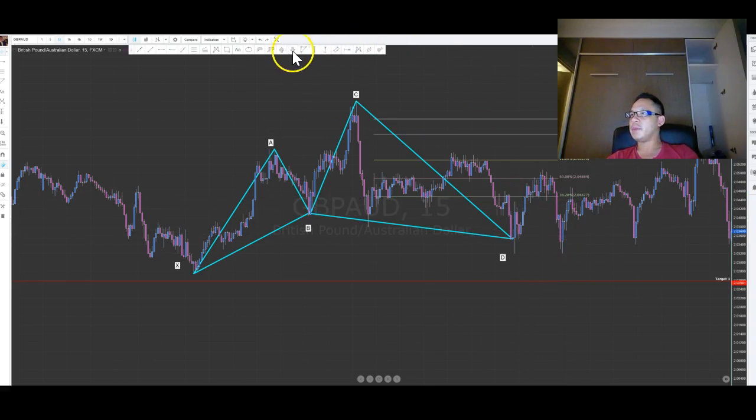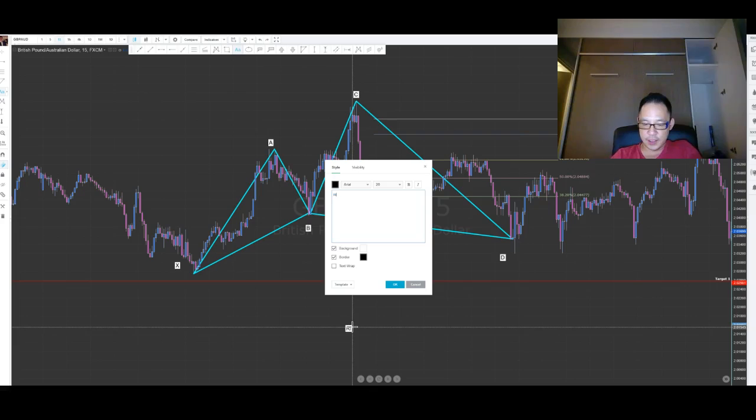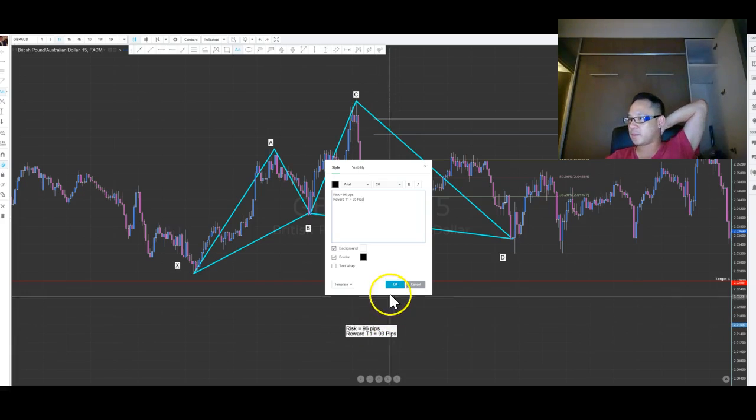So how many pips are you looking for in this case? You're looking at potentially making 93 pips, and your risk is 96 pips. So just under a 1-to-1, like I said.